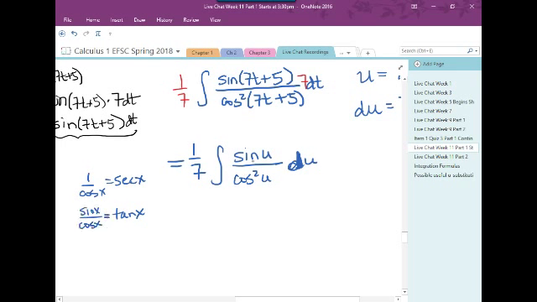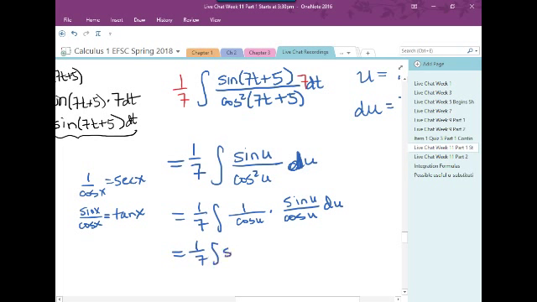And so in fact, if we break this apart, we can break it apart into 1 over the cosine of u times sine of u over cosine of u du. So we do in fact have a secant times a tangent.